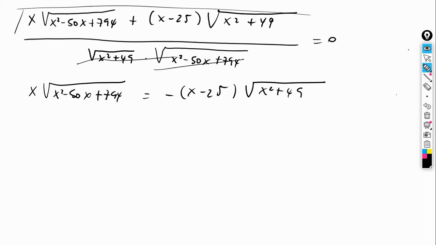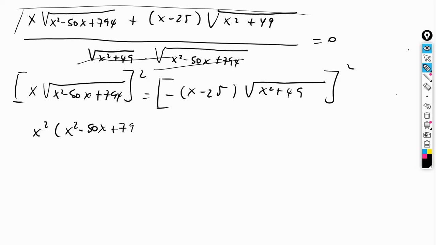So what we do next is square both sides in order to get rid of the square roots. If we do this, we're going to get x squared times x squared minus 50x plus 794 equal to x minus 25 squared, and notice that I got rid of the negative because this is going to be positive, times x squared plus 49.